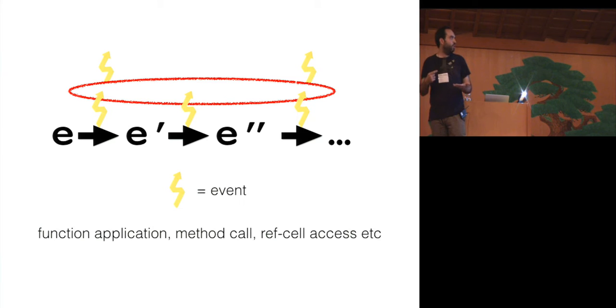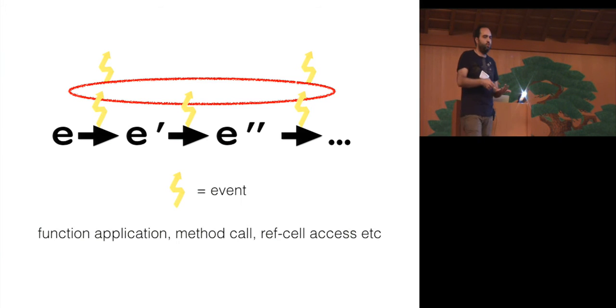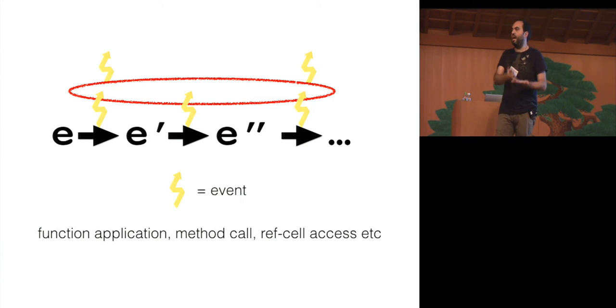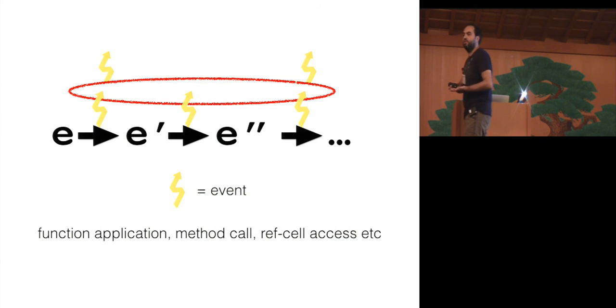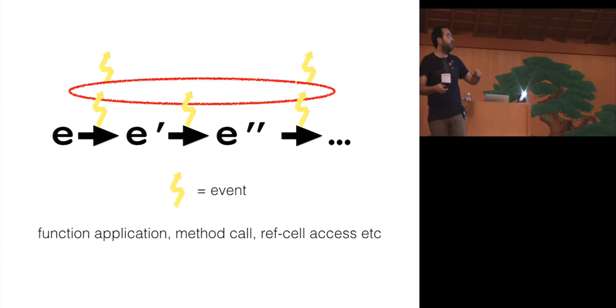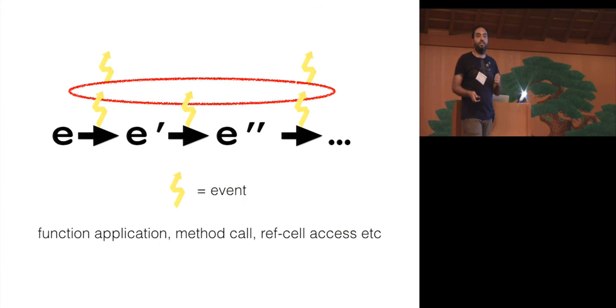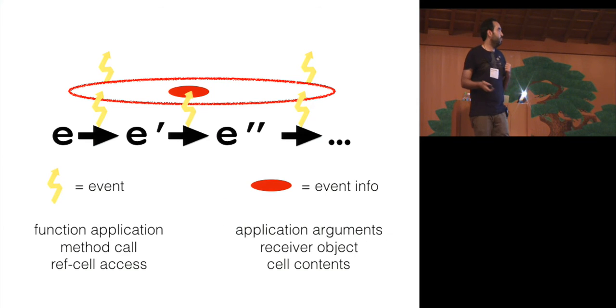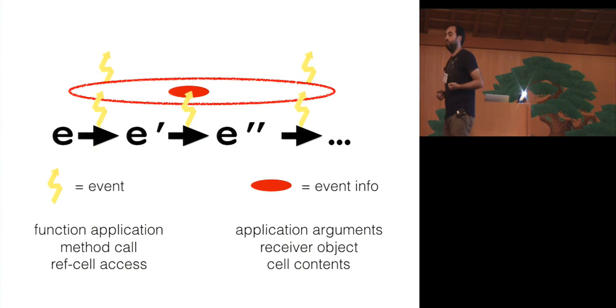When I'm talking about events, I mean a function application, a method call, an access to a ref cell, writing to a ref cell. So the interposition layer allows the programmer to notice that these events happen. And together with that, it allows the programmer to learn more information from these events.